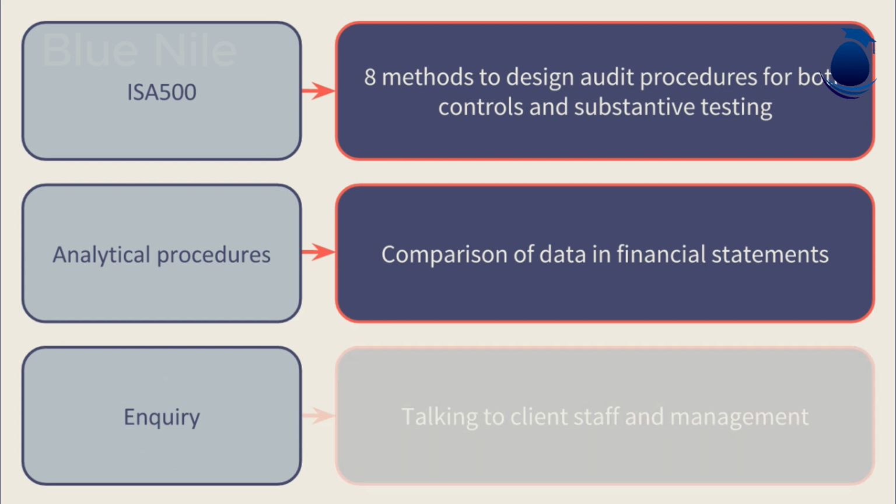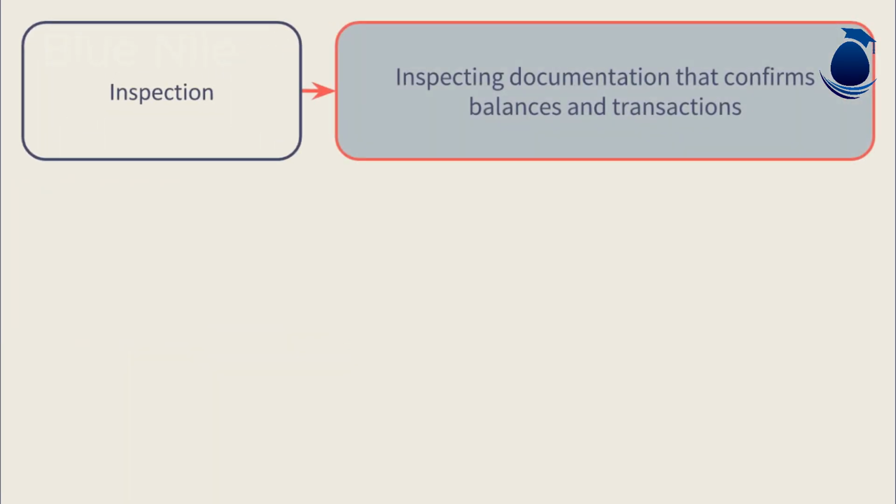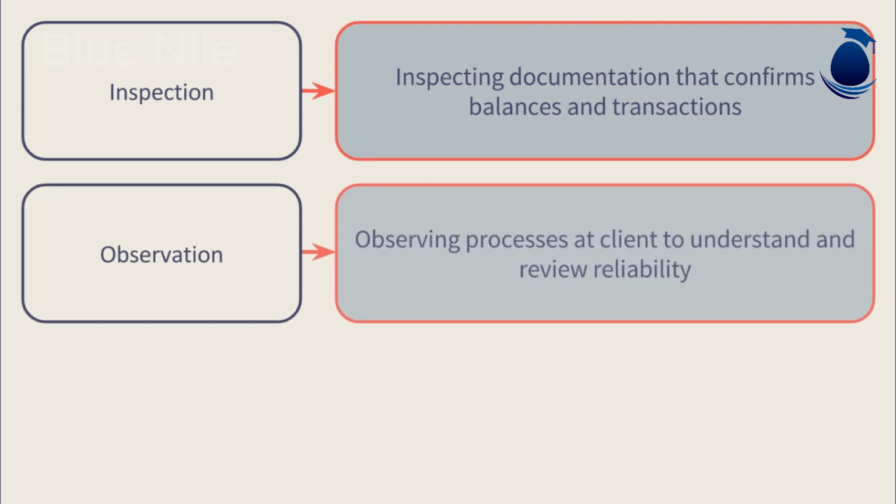Inquiry: talking to the client staff and management will ensure explanations are obtained to help form conclusions. Inspection: inspecting documentation that confirms balances and transactions in the financial statements, as well as control procedures. Observation: observing processes at the client to understand and review reliability.